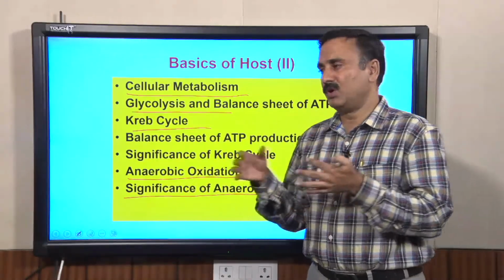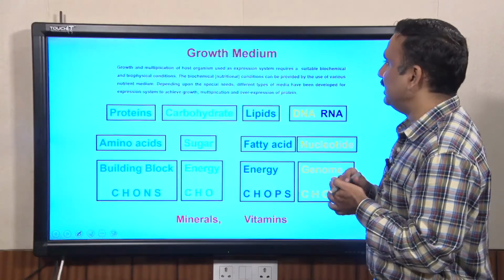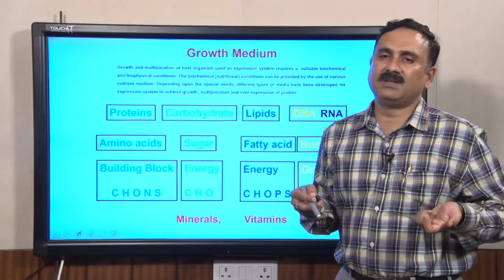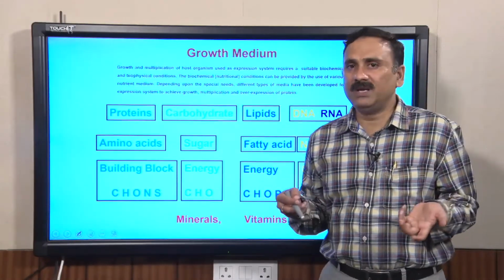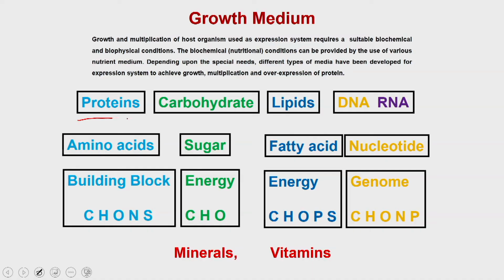But in the next module we discuss more about the growth media. Once we understand the metabolism, you also should understand how to grow the bacteria, or how to grow your host. So, for that we have discussed different types of growth media, and the purpose of a growth media is to provide the protein, carbohydrate, lipids and the DNA.